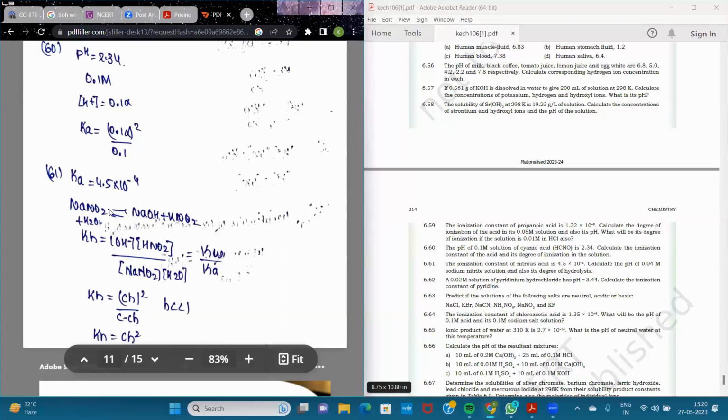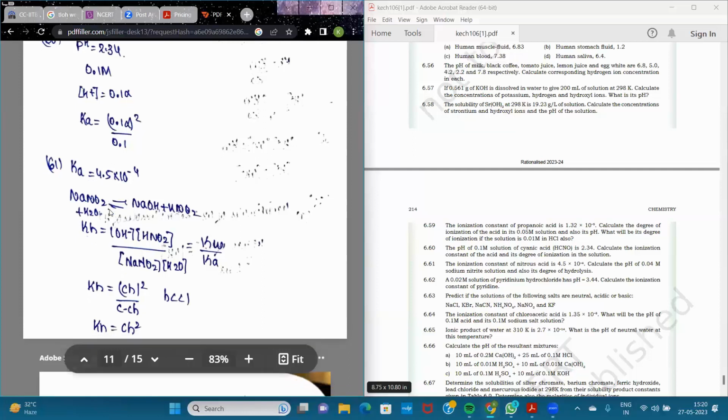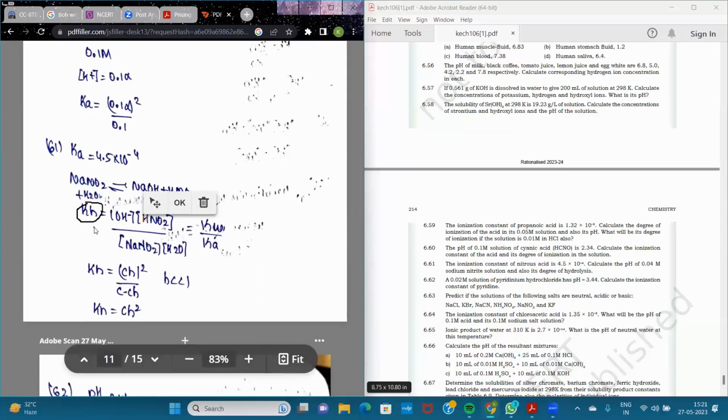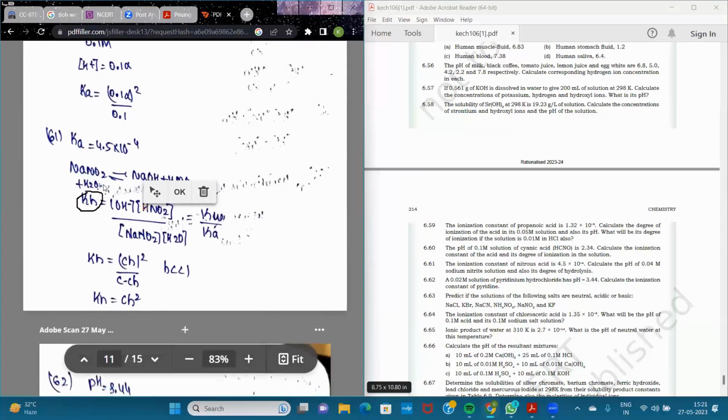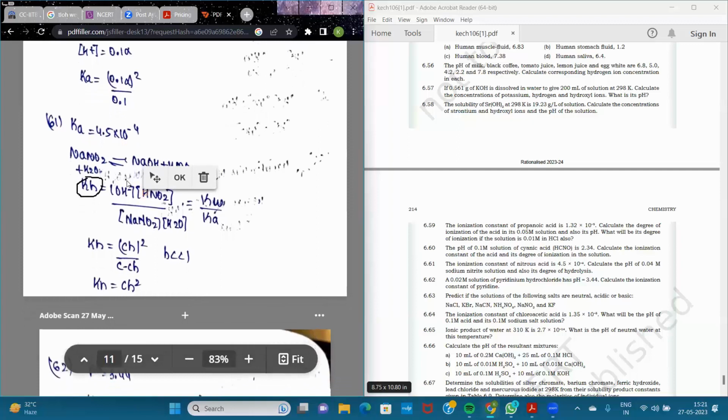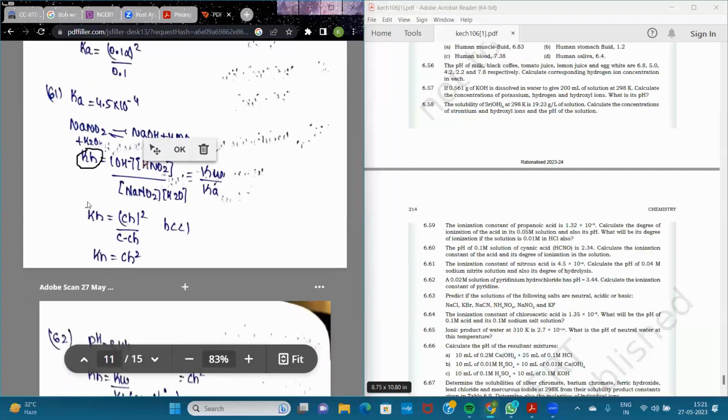So if we write the hydrolysis equation, we'll obtain the hydrolysis constant equals the product of concentrations by the reactant. If we write C minus Ch is hydrolyzed, Ch and Ch are formed, Ch whole square by C minus Ch, this is Kh. And from this expression, we know that Kw by Ka is Kh.